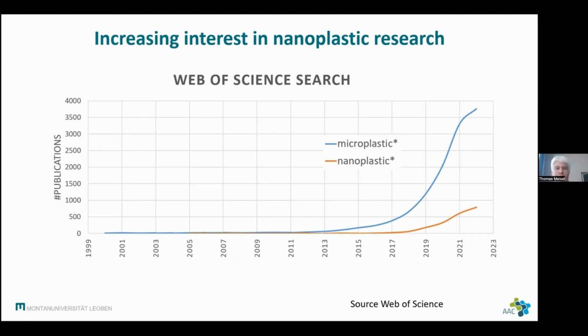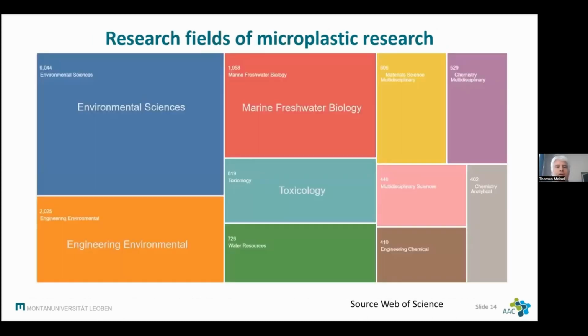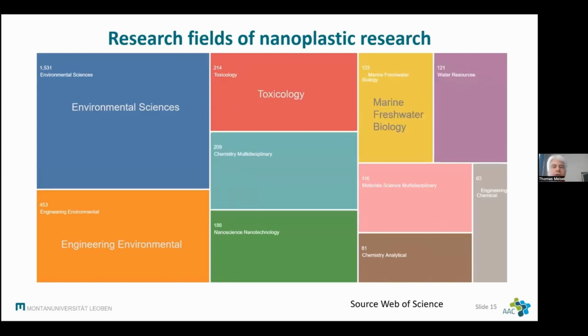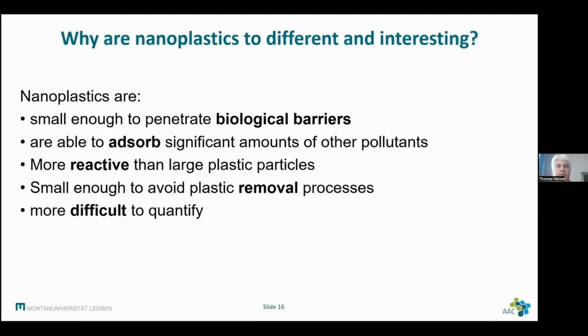Again, the reason is that it is much more difficult to analyze. Looking at the microplastic field, it's dominated by environmental sciences, and toxicology is an important part in the center. But going down to the nanoplastic range, toxicology is picking up in importance. So we know it is important to look at nanoplastics.